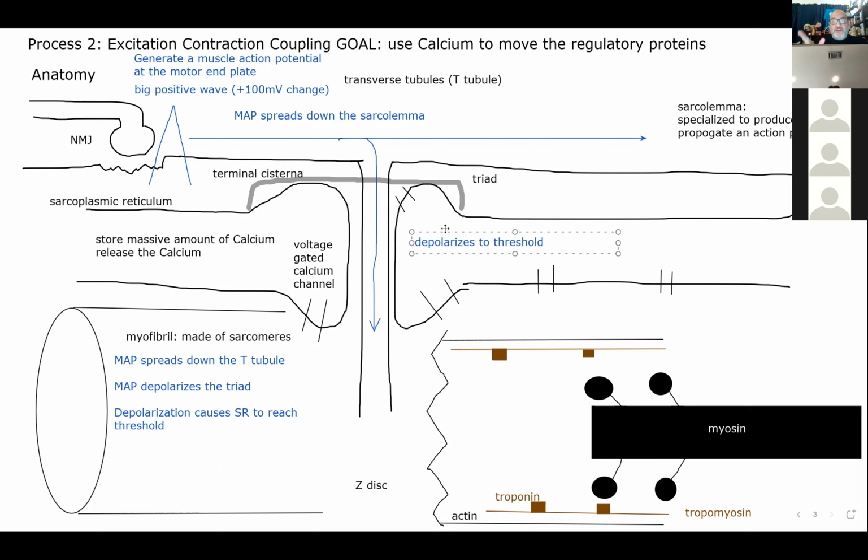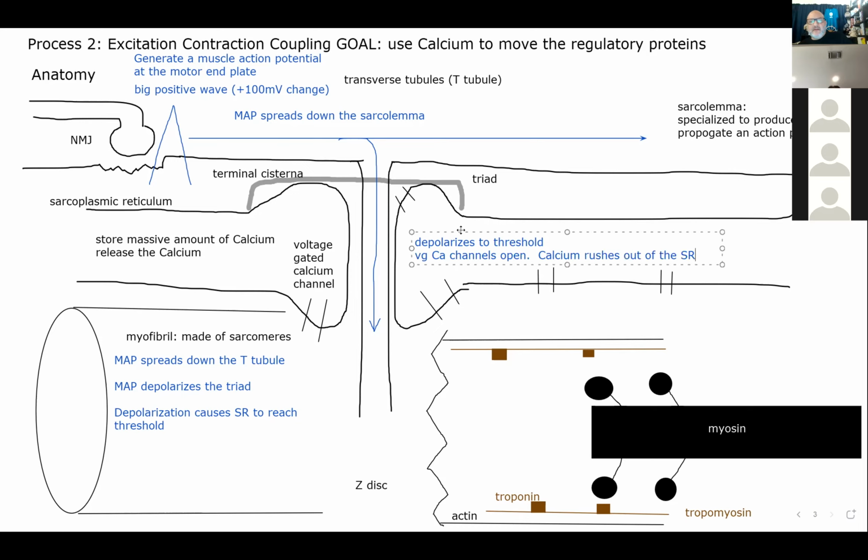True, the calcium channel is going to open. Excellent. Our voltage-gated calcium channels open, and calcium rushes out of the sarcoplasmic reticulum.